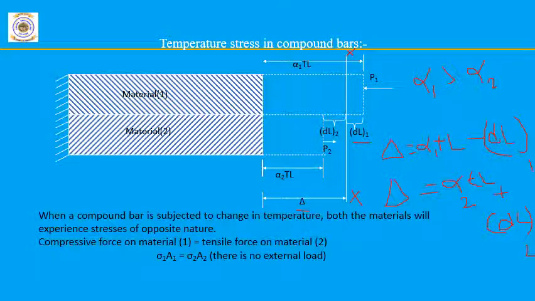Therefore the compressive load on material 1 should be equal to the tensile load on material 2. Load is nothing but stress into area. Therefore sigma 1 A1 is equal to sigma 2 A2. So sigma 1 is equal to sigma 2 A2 divided by A1. Call this one as equation 1.